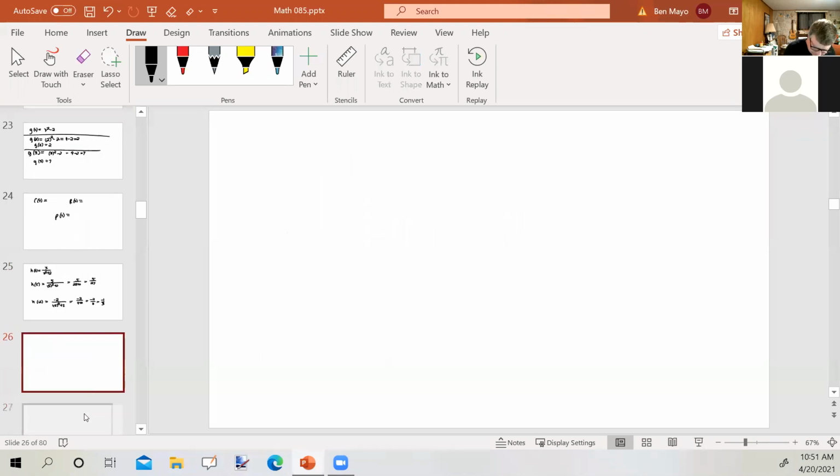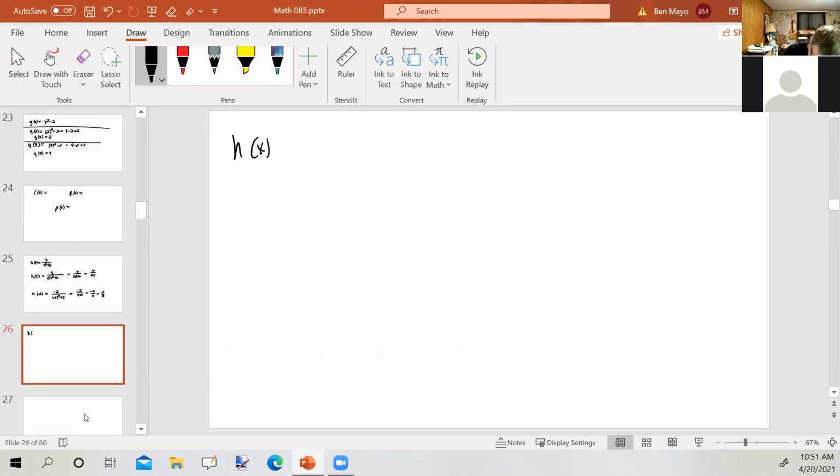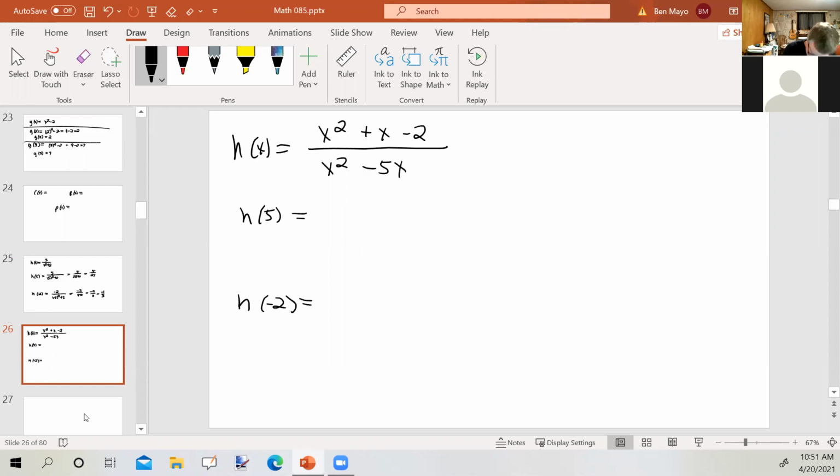Another example, h of x equals x squared plus x minus 2 all over x squared minus 5x. And we are going to find h of 5 and h of negative 2.